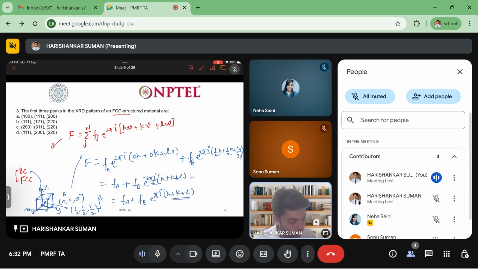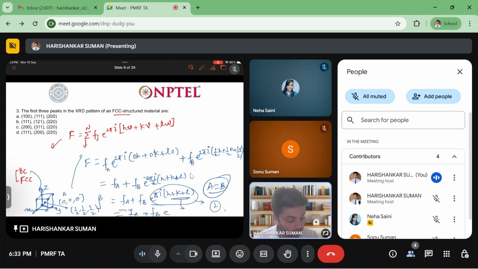So let's comment on it. First, assume A and B are the same. So with FA and FB, if this number gives 1, then it is F plus F, which is 2F.